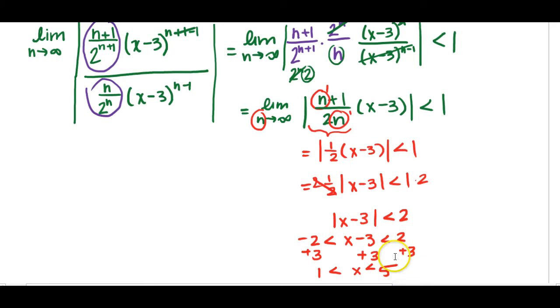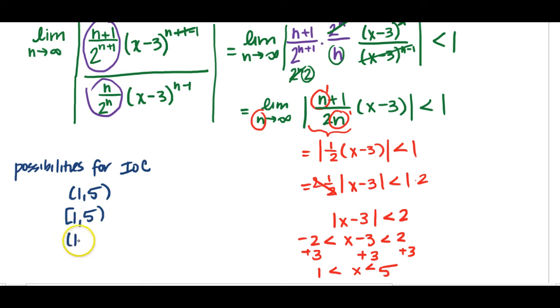But let's remember what the ratio test says when the limit equals 1: we're inconclusive. So what I know so far is that my possibilities for the interval of convergence are 1 to 5 not including the endpoints, closed at 1 and open at 5, or open at 1 and closed at 5.